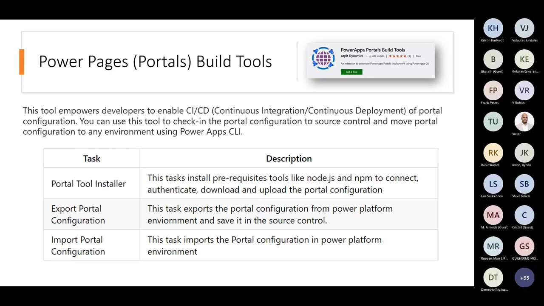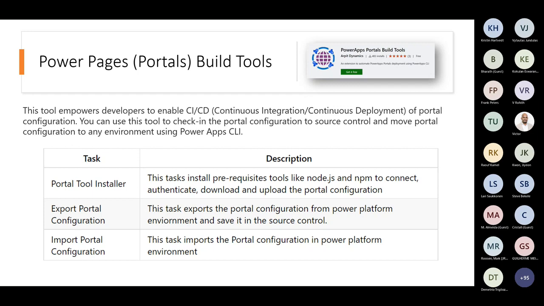The dev, test, and prod environment site settings will be different. You can't use the same settings across the different environments, so you can't deploy the same site setting to multiple environments. Otherwise it will override your Azure AD B2C configuration changes. So in that case, you always want to exclude some of the entities while taking the export from the portal.